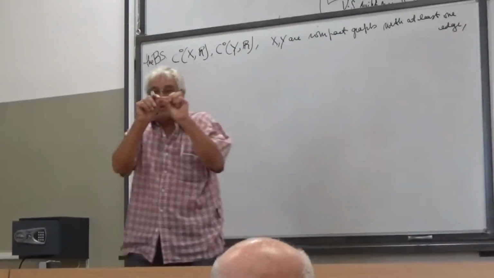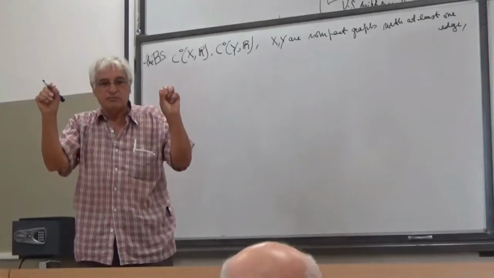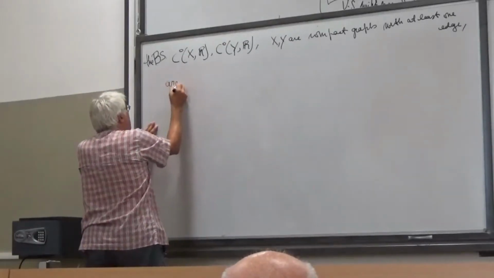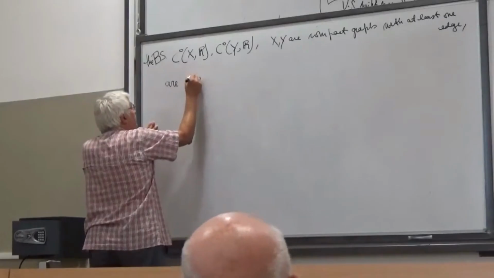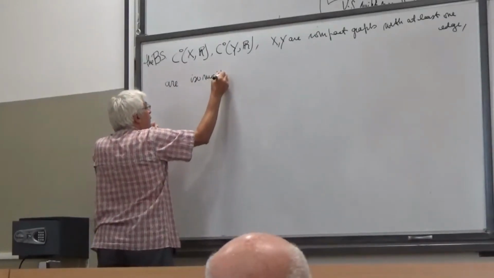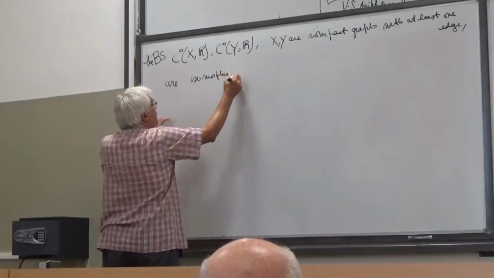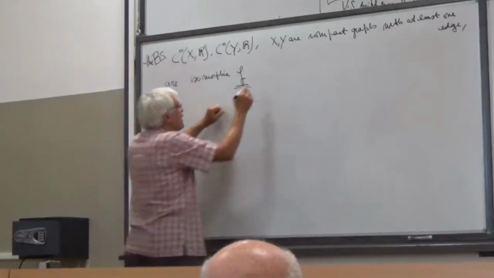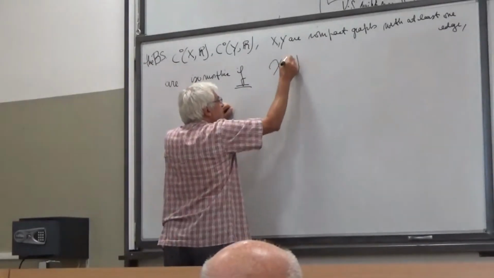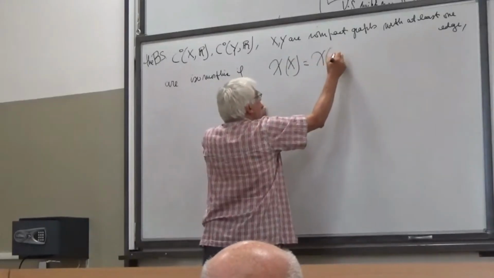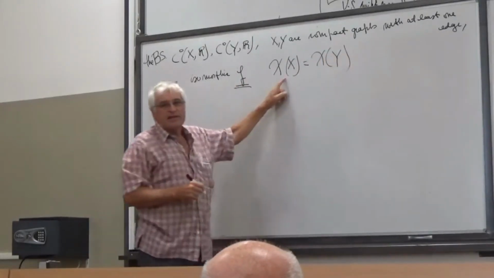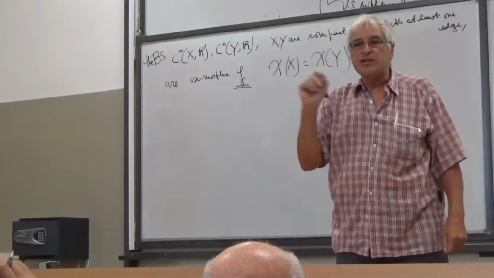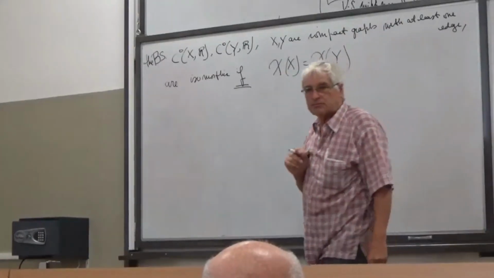The graph has at least one edge. Then they are isomorphic if and only if the Euler characteristic of X equals the Euler characteristic of Y. The Euler characteristic of a graph is the number of vertices minus the number of edges.